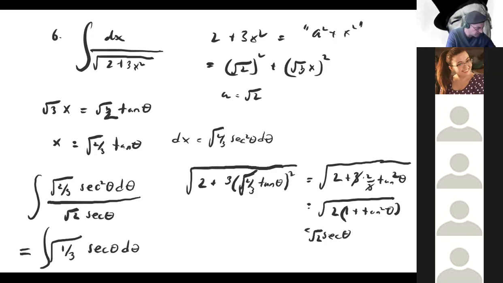And I can bring the square root of 1/3 out, which I will. And then the integral of secant theta appears, which we've done in class several times, as ln of secant theta plus tangent theta plus c. Okay, so I'm going to save the screen and then clear some of the screen off so I can finish the problem, okay?